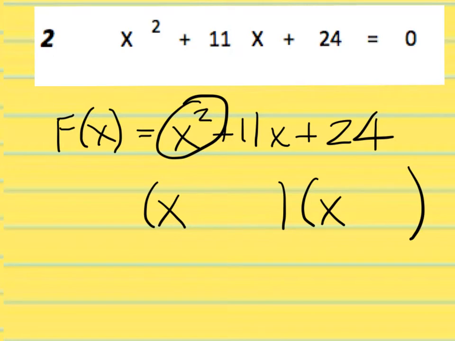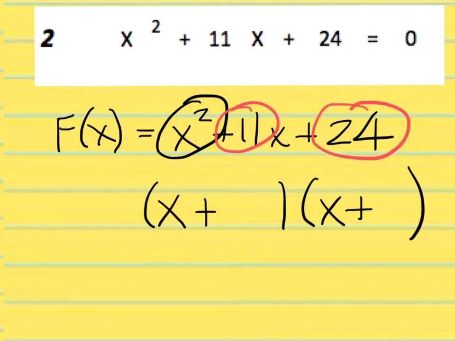The signs in the function are plus plus. Therefore, the signs in the breakdown of it should be plus plus. Next, you need two numbers that multiply to get 24 and add to get 11.